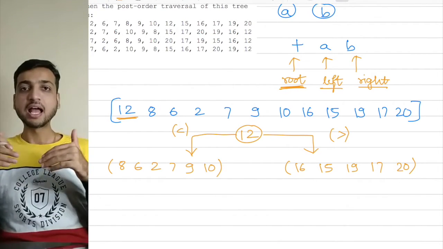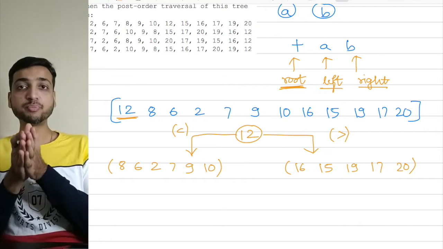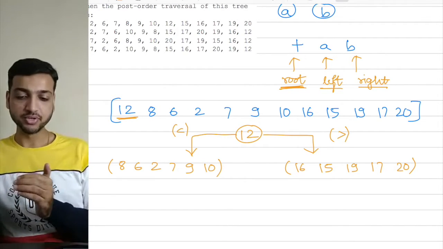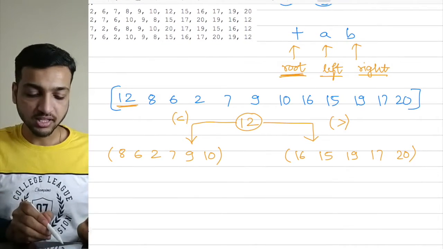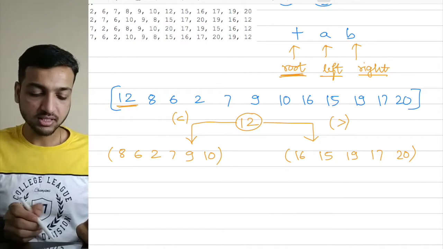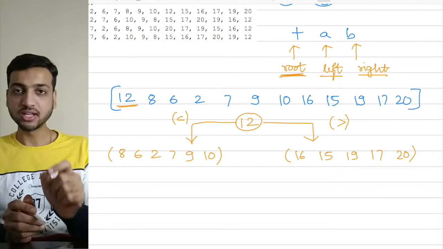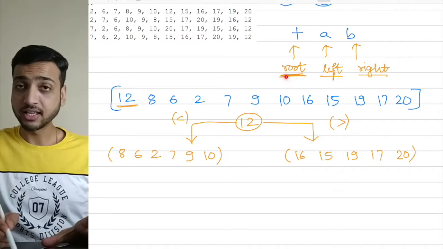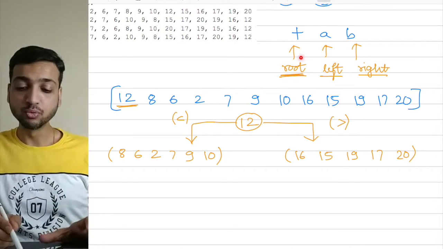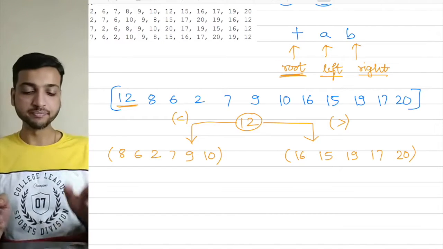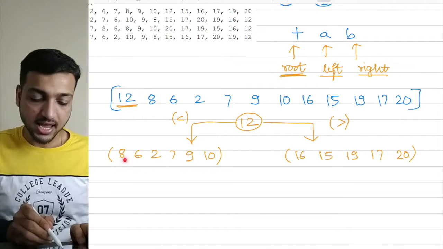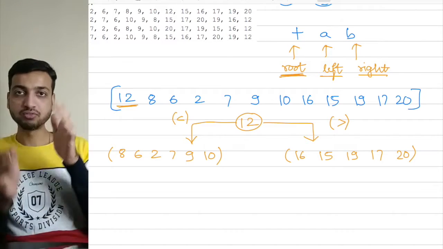So now I'm going to apply the property of pre-order traversal even to these subtrees. In this subtree, as you can see, the first value that is visited is 8. Since 8 is the first value that is visited, again according to the pre-order traversal algorithm, root is always the first node that is visited. So in this subtree, 8 is again the root of the entire subtree.